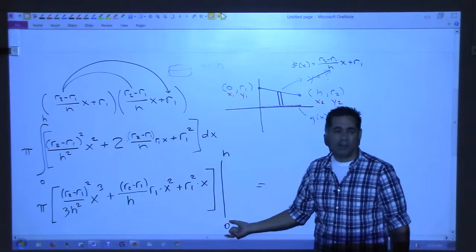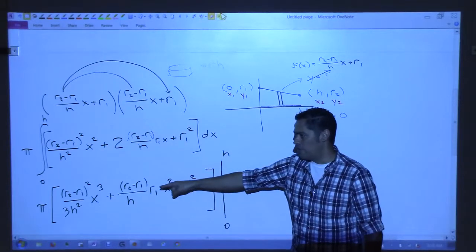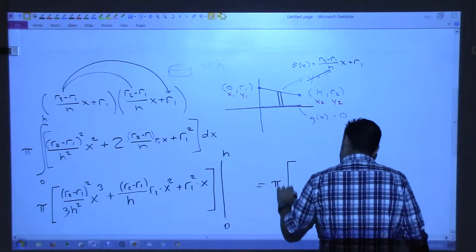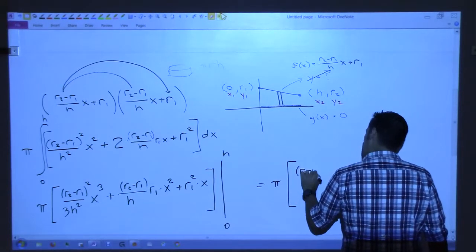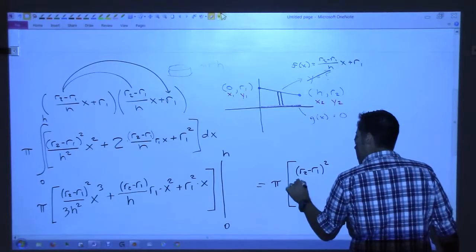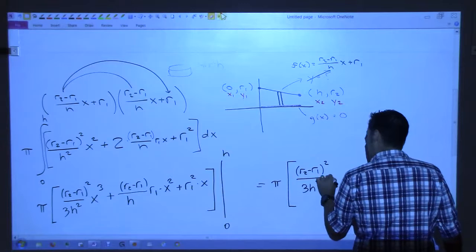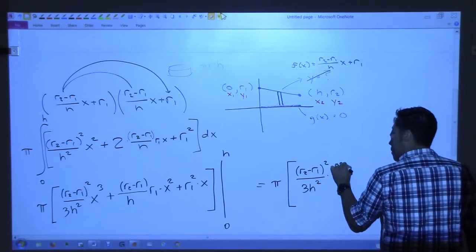So I'm not going to get any contribution from this right here. All it's going to be is what I get when I plug in h. So I have pi. All right. We have r2 minus r1 squared over 3h squared, but then I'm replacing x with h, so that's h cubed, right?